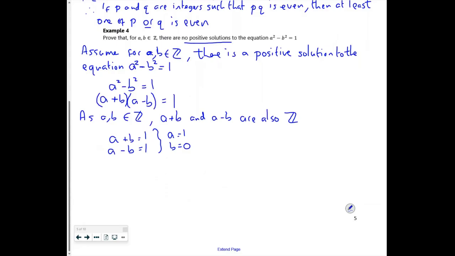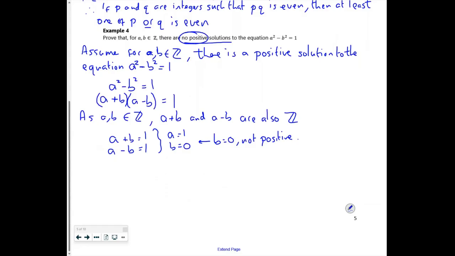So it says, though, that it's positive. 0 is not positive. So B is 0, it's not positive. Try it the other way around.